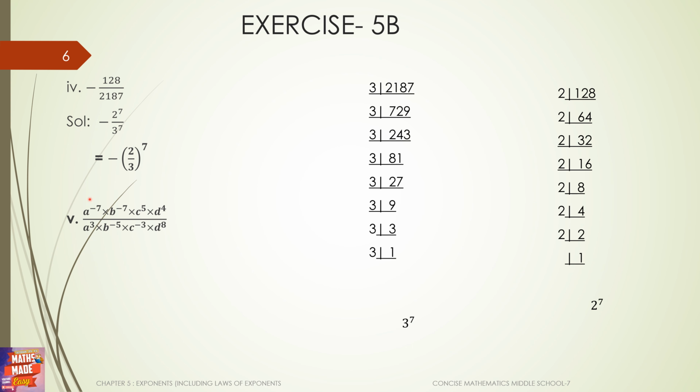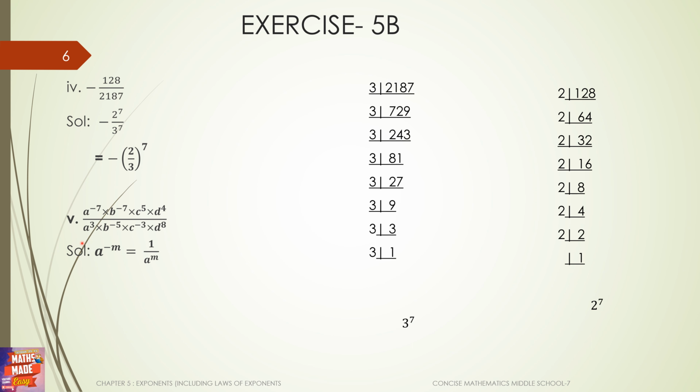Here, this is our next question. If you look at this question carefully, here you are having a negative power. So our first step is to make this negative power into positive power. You have to change these negative powers into positive powers. How to change it? By using a formula.